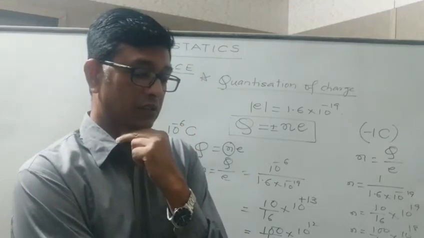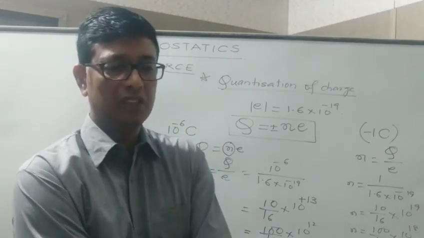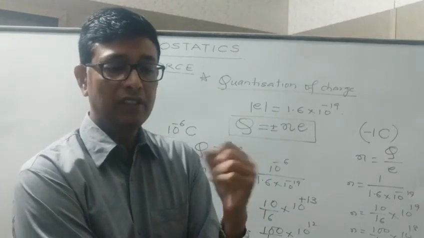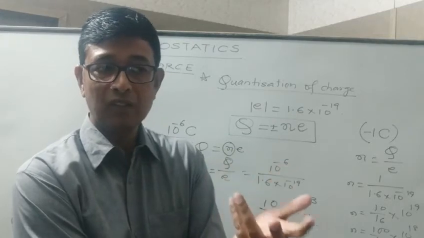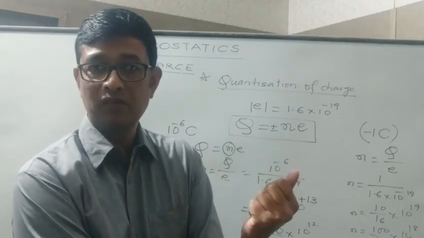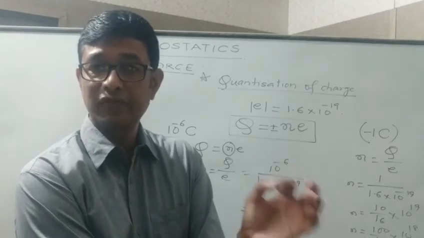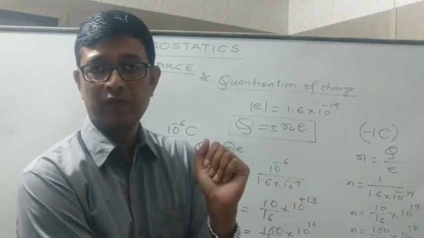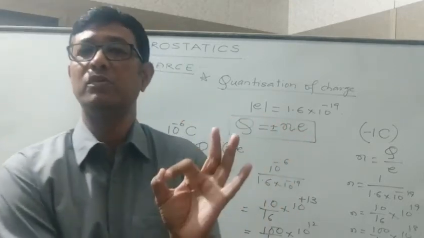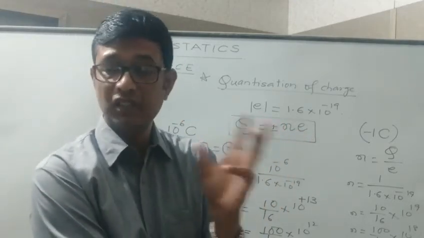In several competitive exams, a conceptual question might be asked: is there any change in the mass of a body when electrons get transferred from one body to another? The answer is definitely yes. There's a very, very negligible change in the mass, but there is obviously a change, right?